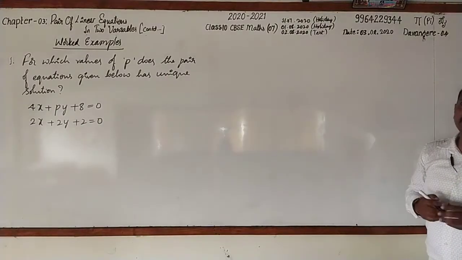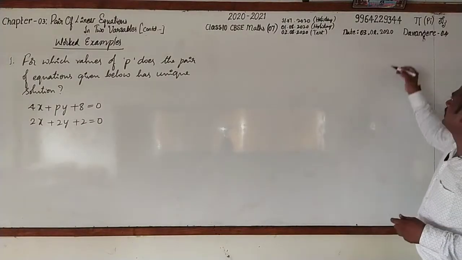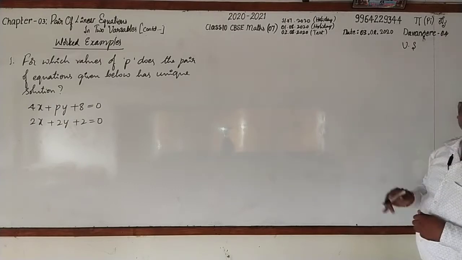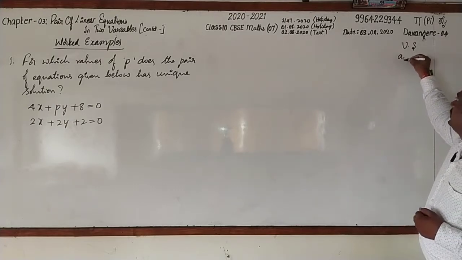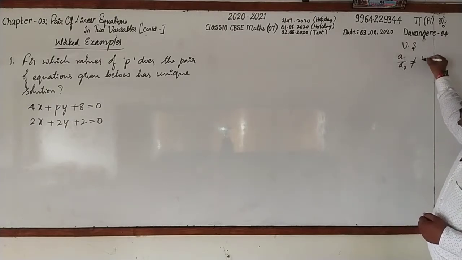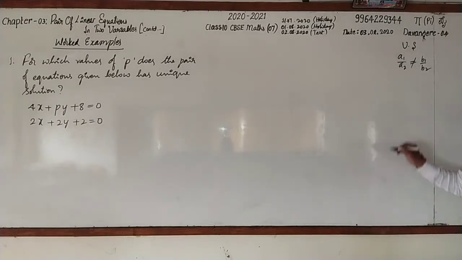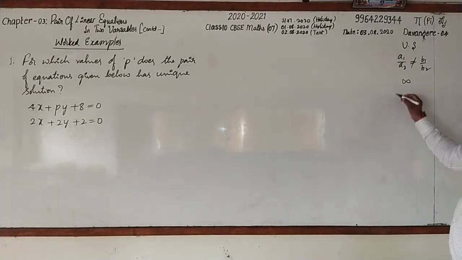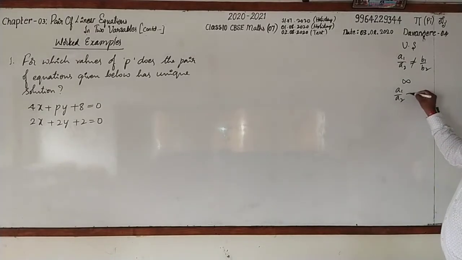You just go for recalling the conditions for all these. For unique solution, yes, could you tell? It is a1 by a2 is not equal to b1 by b2. For infinitely many solution, for uncountable number of solution, the condition is a1 by a2 equal to b1 by b2 equal to c1 by c2.